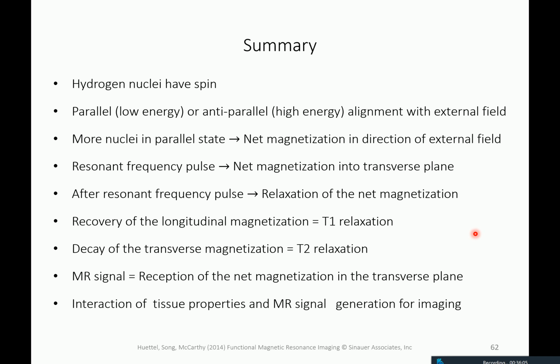And then in the last bit, we discussed how, by choosing certain parameters of a sequence, so when you send excitation pulses and when you measure the signal, in interaction with the tissue properties, you can at least get some basic idea of how to be sensitive to different tissue properties. So this is now the end of this first MR imaging discussion.